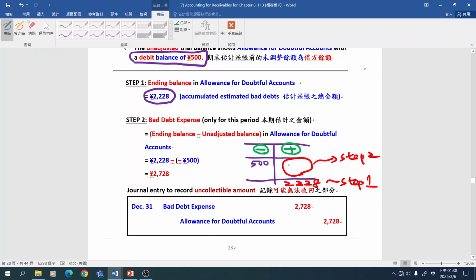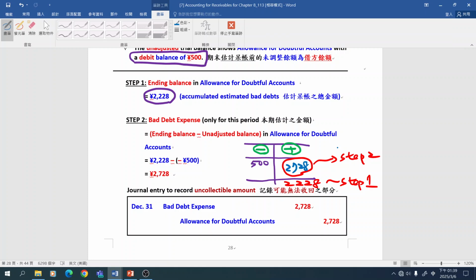Okay, so the total I need for this year should be $2,728. Any questions?